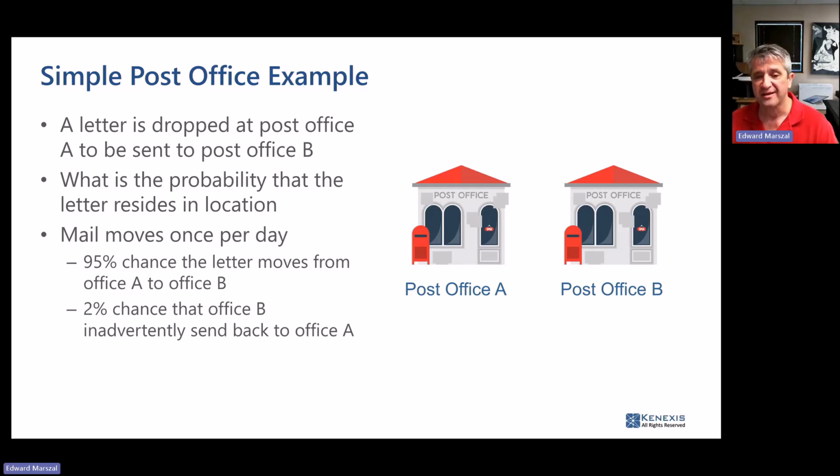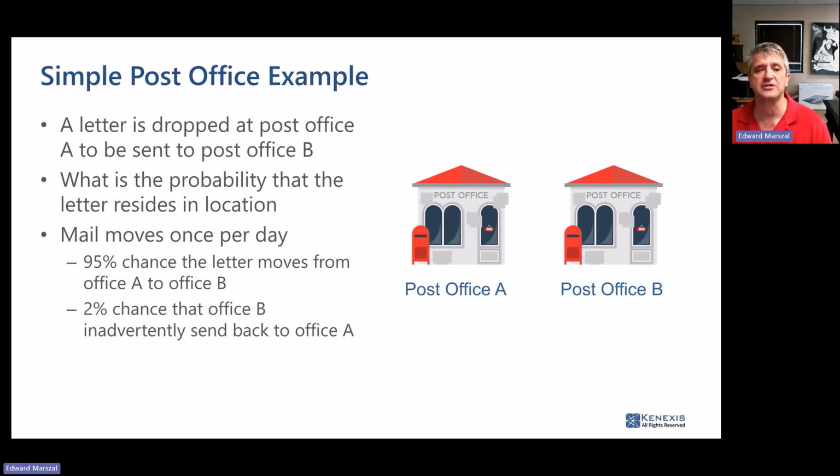So there's a chance that once it's in post office B, someone's going to look at it wrong, put it in the wrong pile, and inadvertently send it back to office A. And I'm going to put a 2% probability on that.